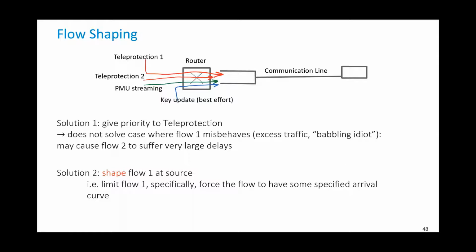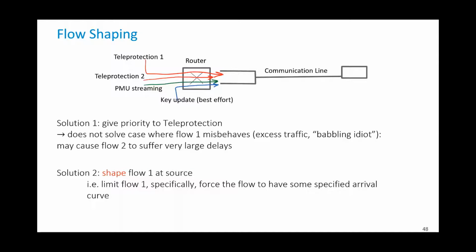Okay, we have seen the main ingredients with which we can do traffic guarantees. But there are still some issues. Here, we saw that if for the very high priority traffic, which is the critical one, we give high priority, that solves the problem of this flow, except if this flow has a problem. Even the critical traffic may have problems.